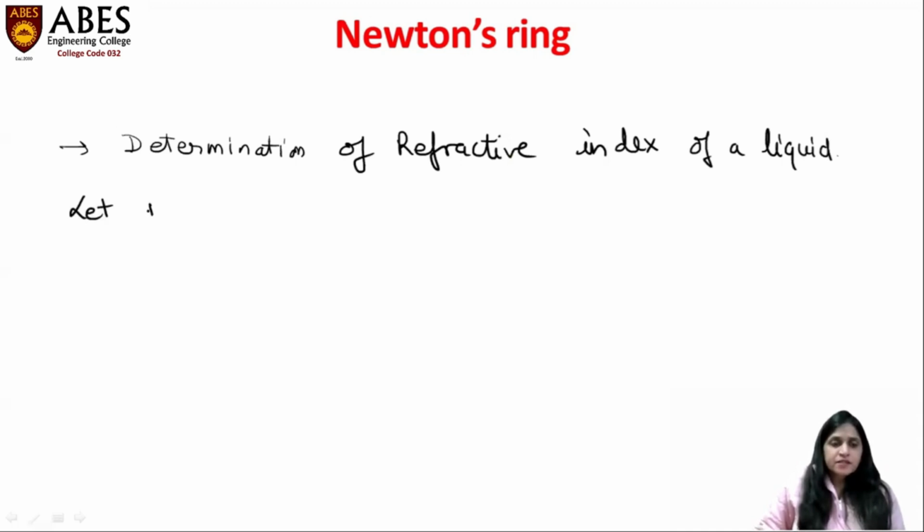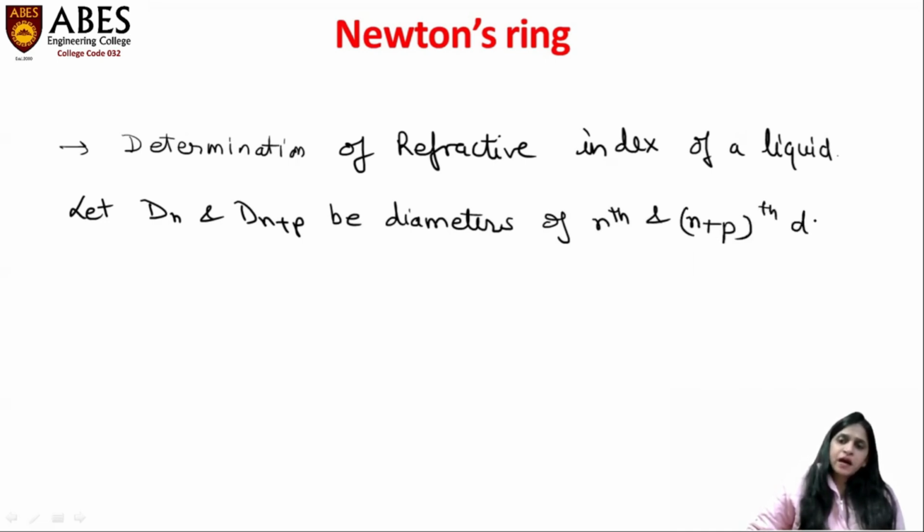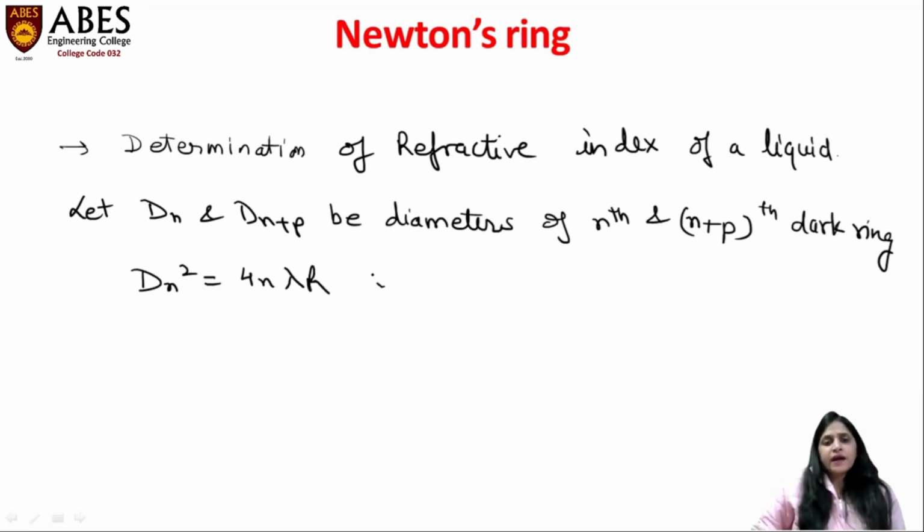Okay. So again, as I said before, the diameters are very important. Let Dn and Dn+p be the diameters of the nth and (n+p)th dark rings. Then, as we know, Dn square is equal to 4nλR, and Dn+p square is equal to 4(n+p)λR.